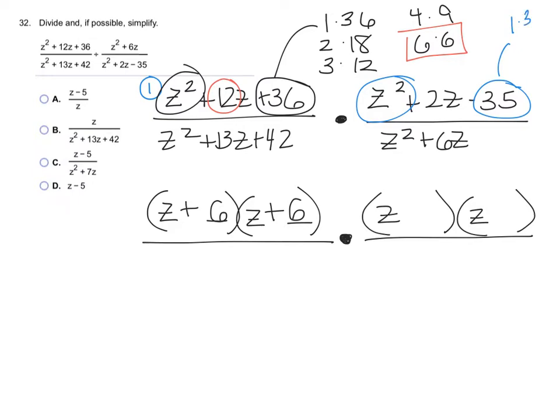I have 1 times 35 and 5 times 7. I want to choose the two factors that I can combine to get a positive 2. So I'll choose a 7 and the 5.